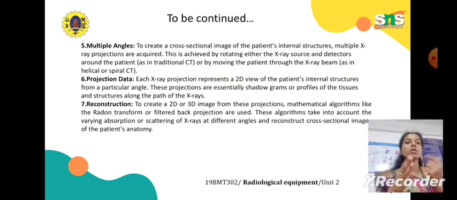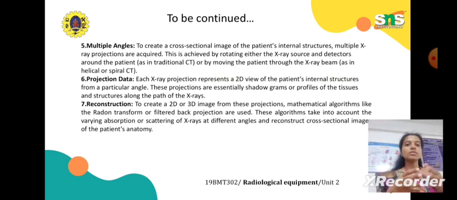This is achieved by rotating the X-ray source and the detector around the patient. Each X-ray projection represents a two-dimensional view of the patient's internal structures from a particular angle.